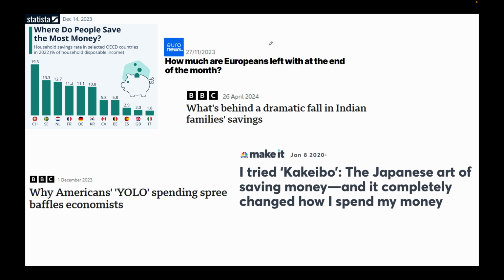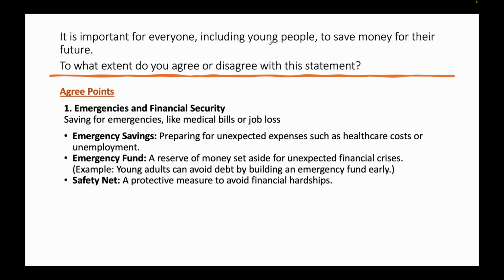Let's start with reasons to agree, that is, why saving money is important. The first reason is saving for emergencies, like medical bills or job loss. Young people who are starting their careers and families, so they are at the beginning of their professional as well as personal lives, should build a safety net to avoid financial stress in these situations.